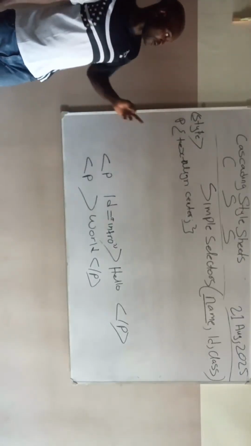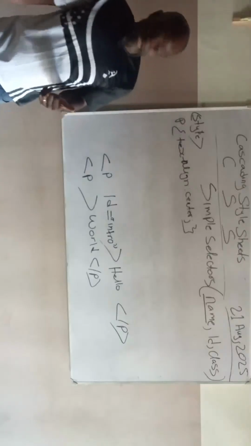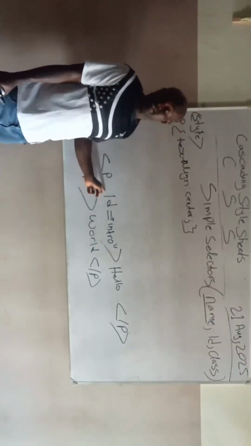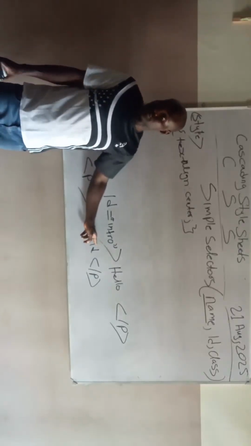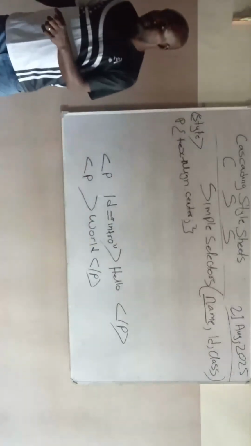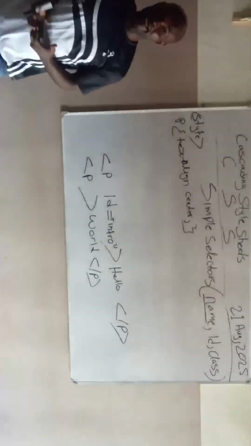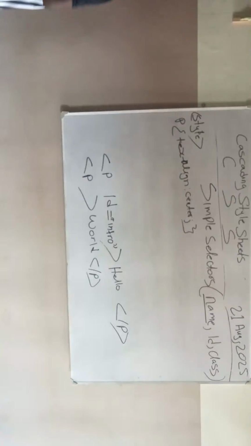Now, if I declare it in a block and I want to apply it, I don't want to use style as an attribute. I want to use ID now as an attribute. Then I'll now write the style here, using my CSS word, ID.